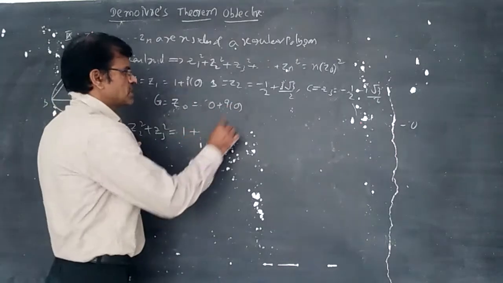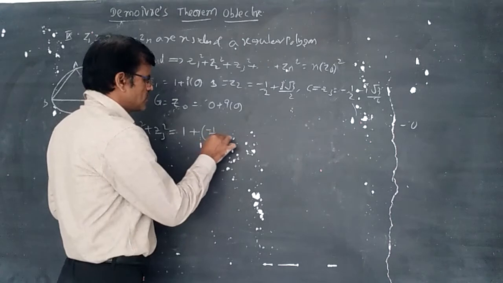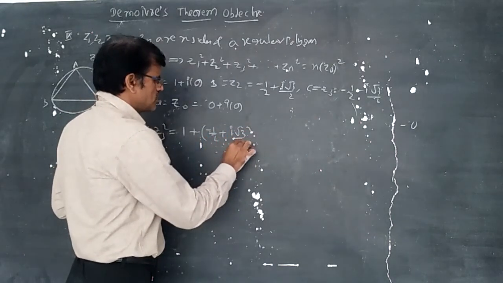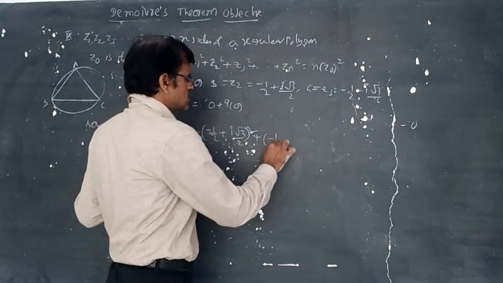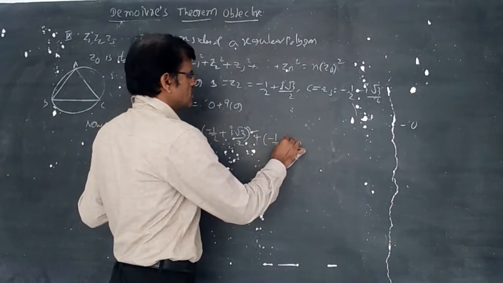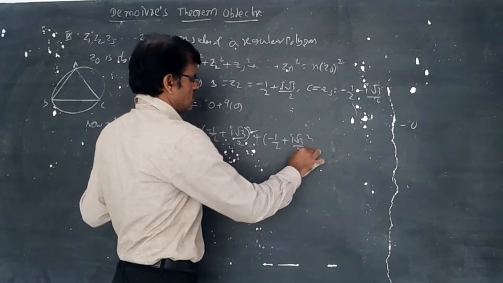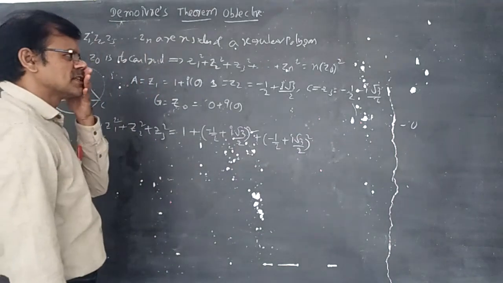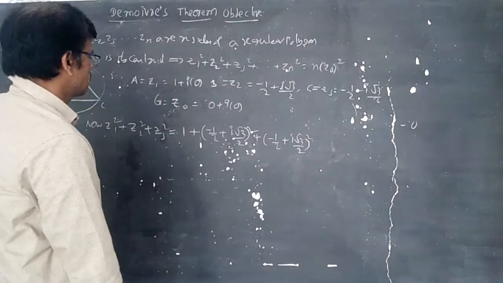Plus Z2 square, which is minus 1 by 2 plus i root 3 by 2 whole square. For the formula n into Z0 square, of course Z0 is 0. So n means 3 into Z0 whole square.